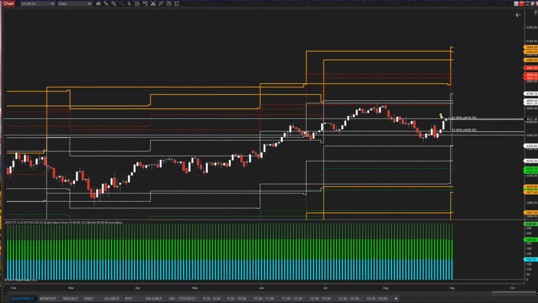Okay, so there is the monthly, quarterly ranges.